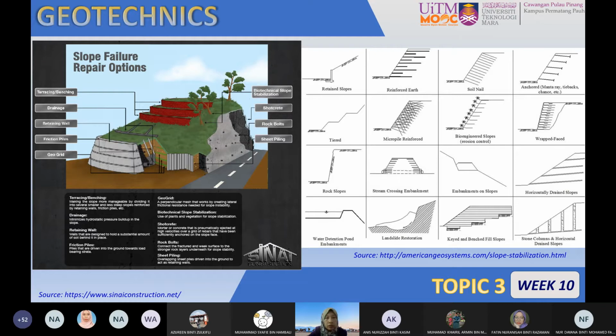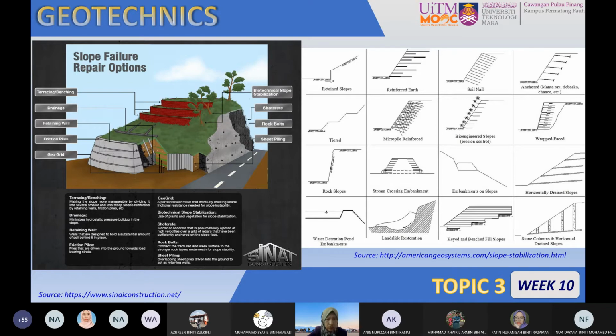That's why when you travel on the expressway, you will see on the left side, for example, a retained highway slope having shotcrete, and we have drainage because we allow water to drain through, so that the soil does not retain water inside it, because you know that water will give additional loading and cause disturbance. The next things we can provide for slope repair or maintenance are rock bolts, sheet piling, and biotechnique slope stabilization. The next one, you can use friction piles. And then we have the geogrid or geomembrane.